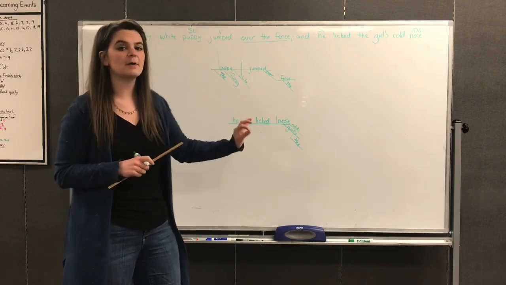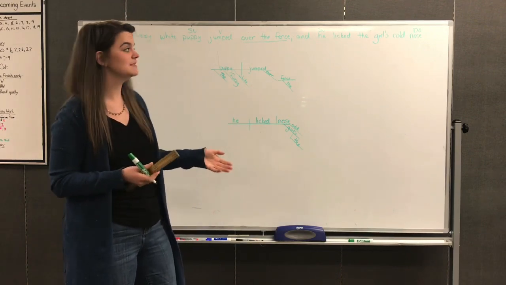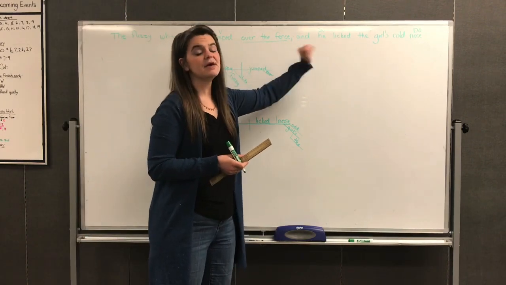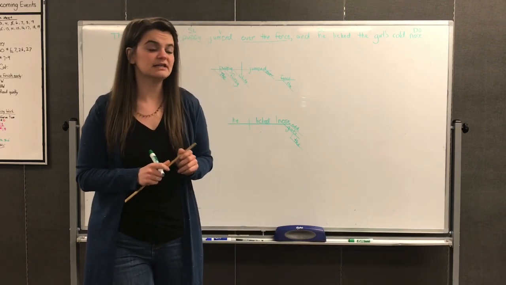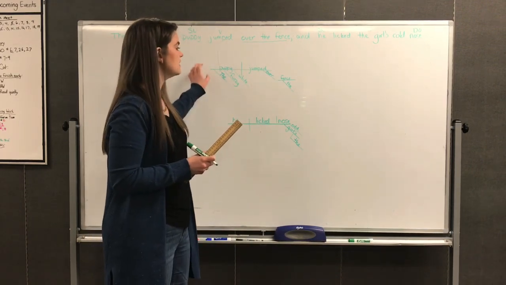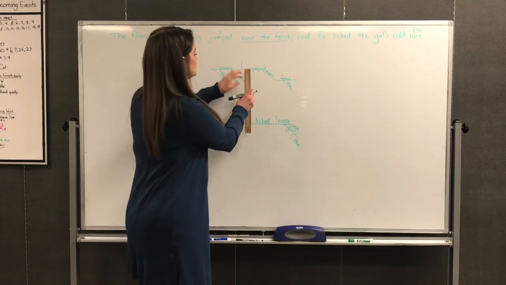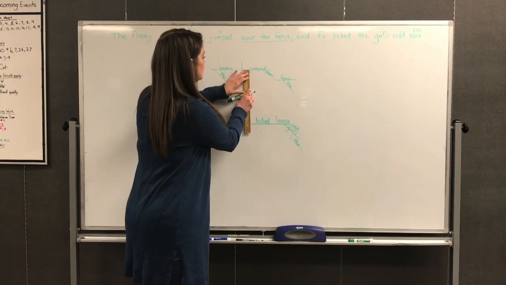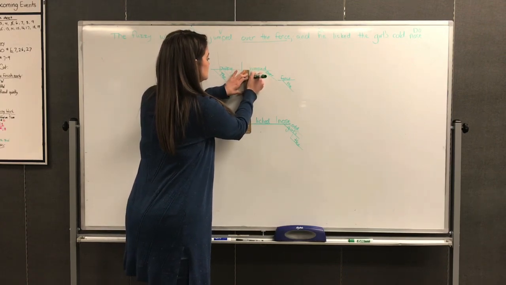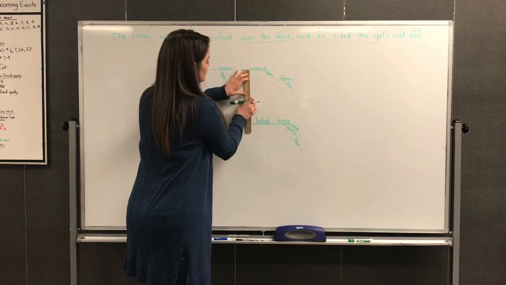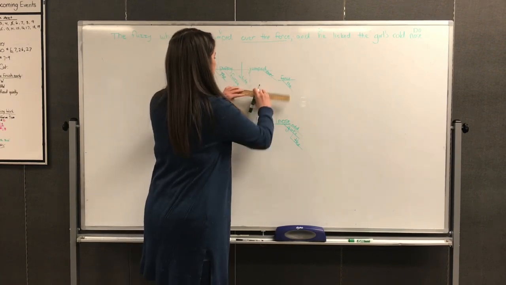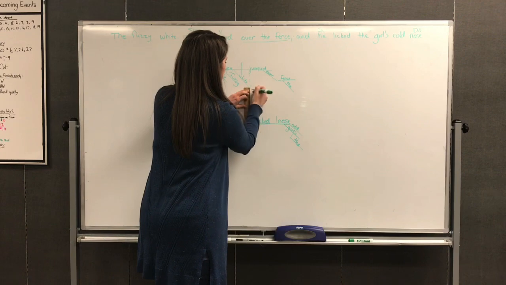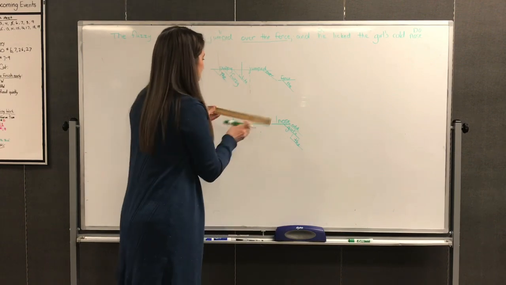Okay, so now we've used up all of our modifiers. The only word we have left to diagram is and. Remember, and is a coordinating conjunction. It's joining two independent clauses here. So we're going to use our dashed lines and come down from jumped. We'll go just a little bit longer so it doesn't look like it's coming off of white.